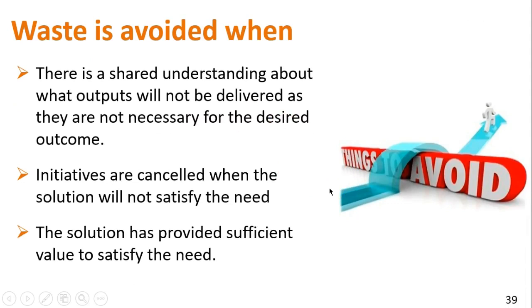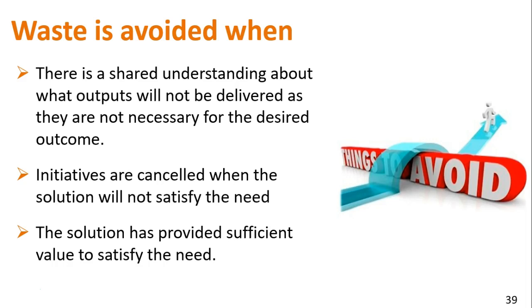How do we avoid waste? Well, if we understand how what we're delivering produces value, if we understand clearly what our intended outcome is and how the pieces that we're delivering will impact that intended outcome, then we can make an informed decision.